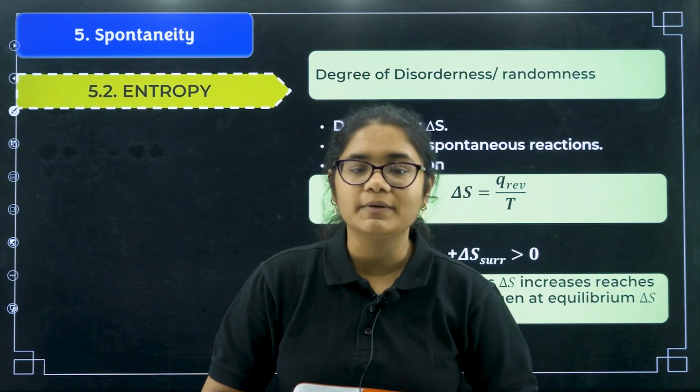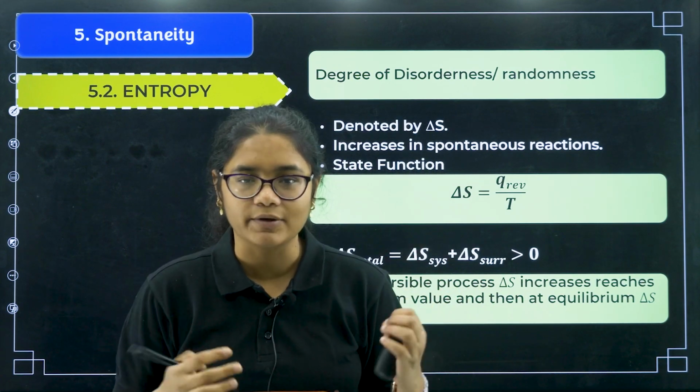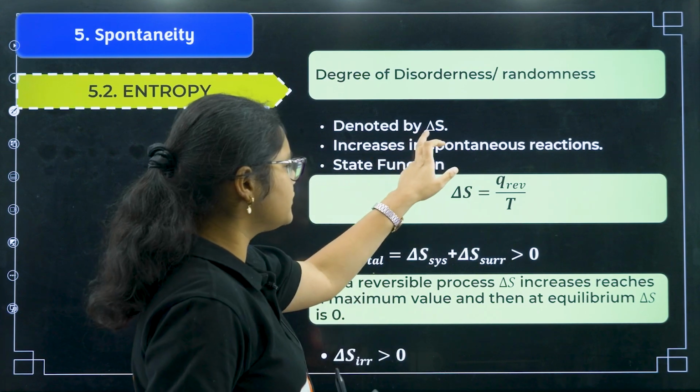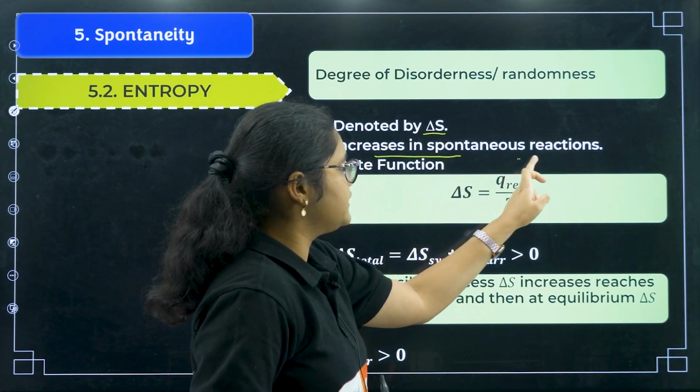So entropy is the measurement of the disorderness or the randomness. It is denoted by delta S. Now it increases in spontaneous reactions.